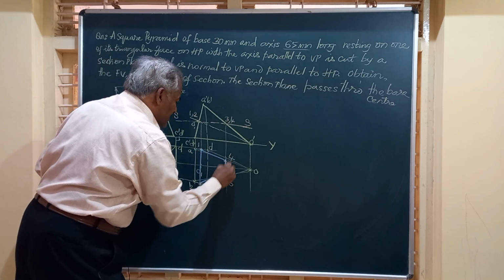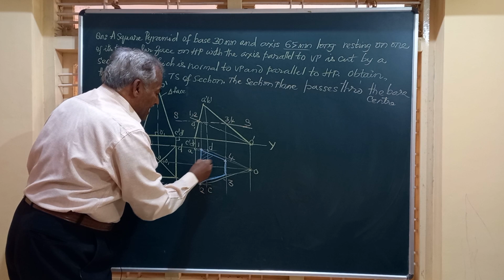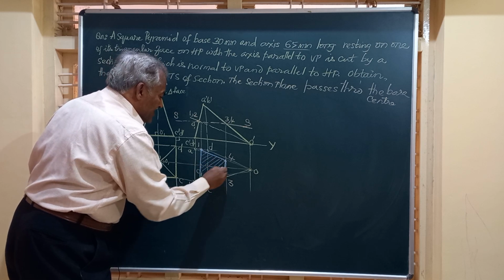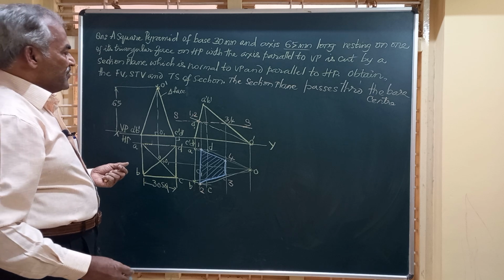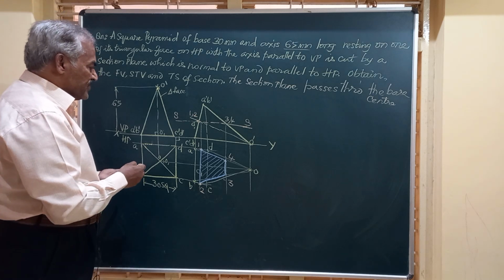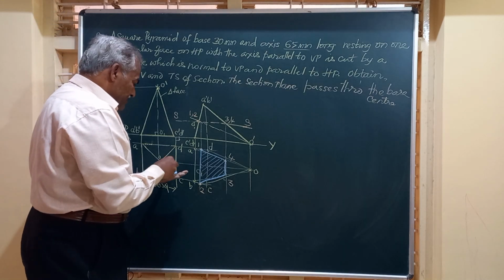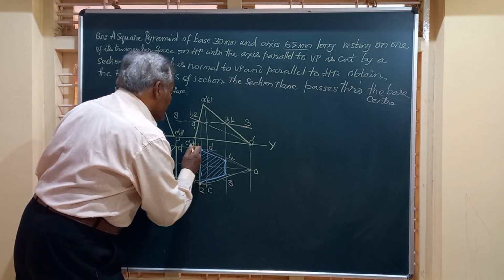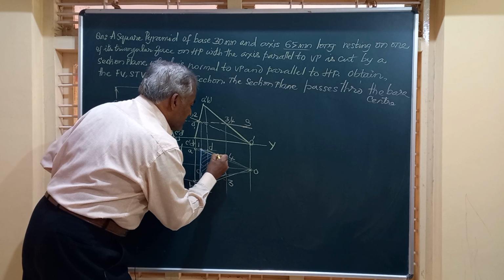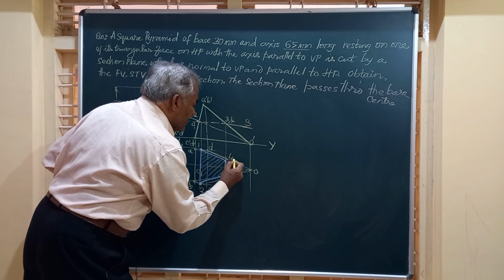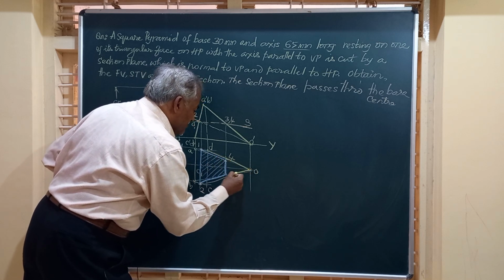So I have joined all these 4 points and I am going to section that figure 1, 2, 3, 4. Friends, after completion of this, we will see what is the portion that is left over. So this portion is retained and this you have to show by full line.